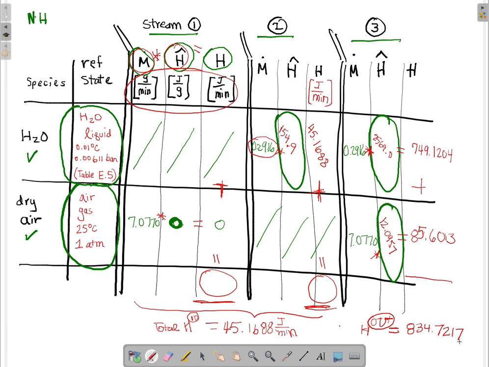And that is equal to 834.7217 joules per minute.